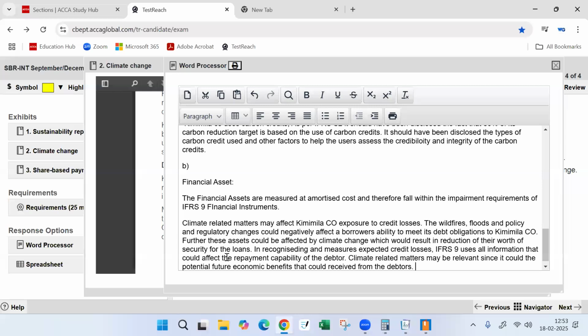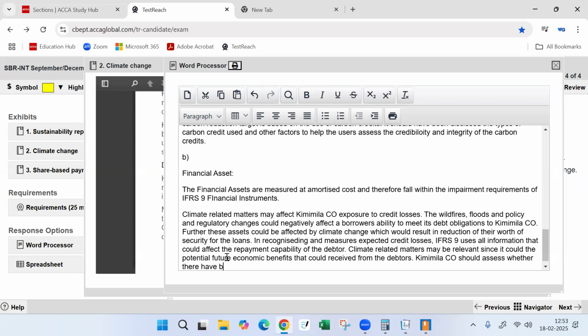Right? So then Kimimila company should assess whether there has been a significant increase in credit risk and whether the loans are credit impaired.